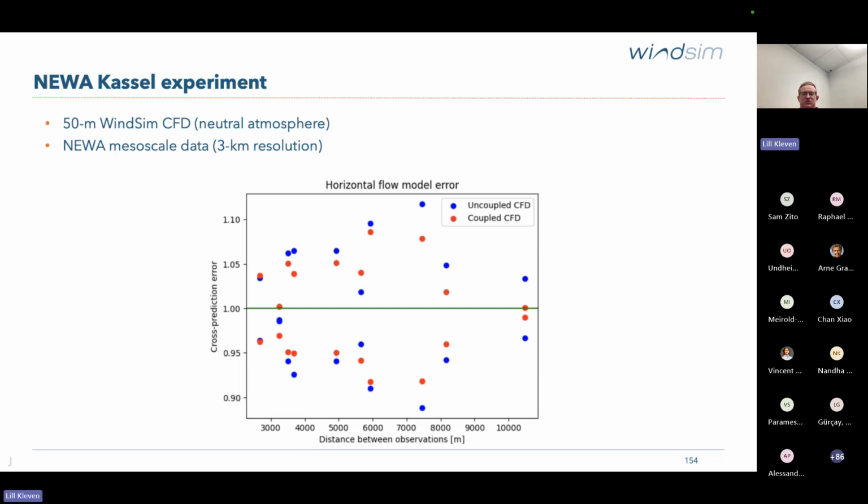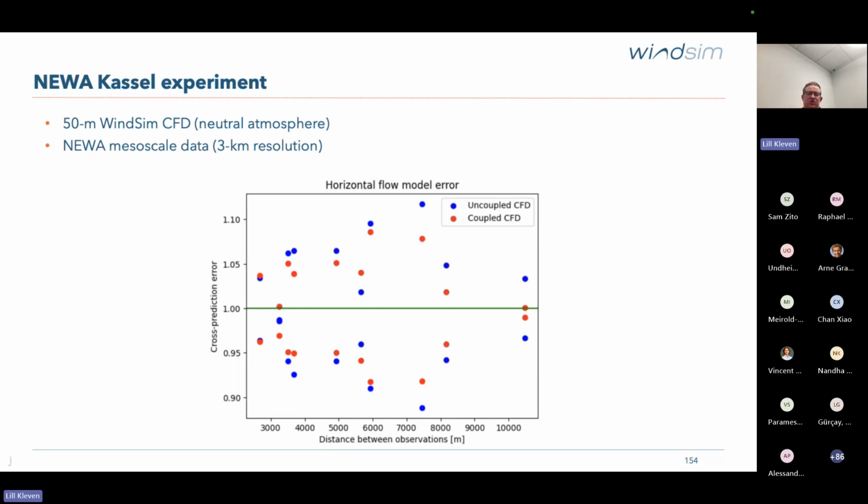And this figure shows the horizontal cross-validation errors for all the 20 possible observational pairs as a function of distance between the observations. So the perfect prediction is the one-to-one line. So anything that deviates from that is a flow model error.